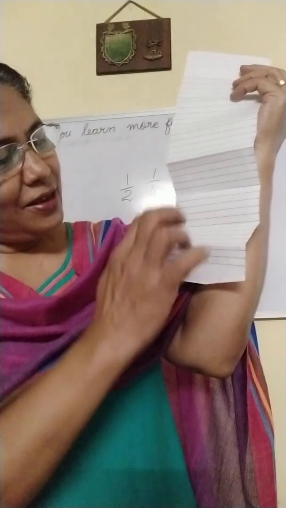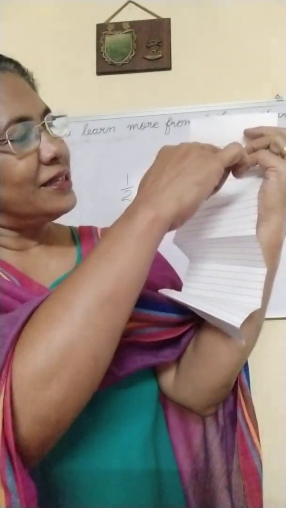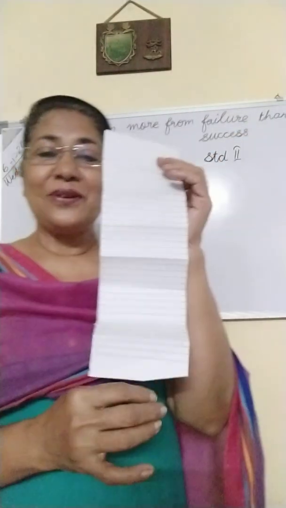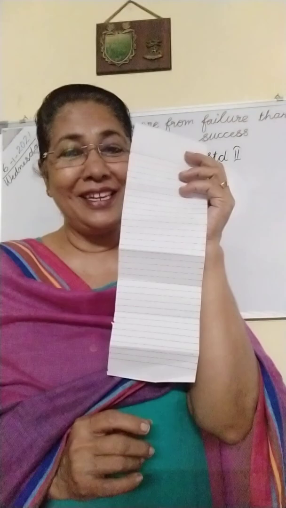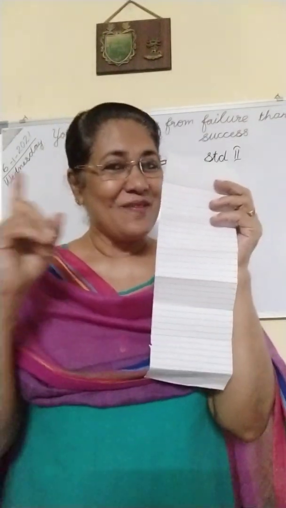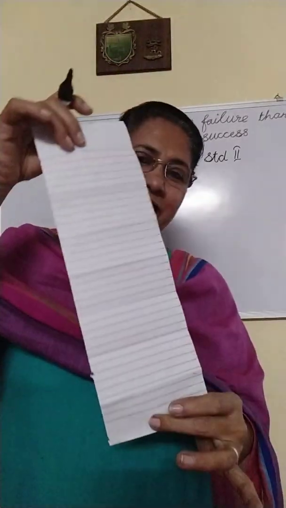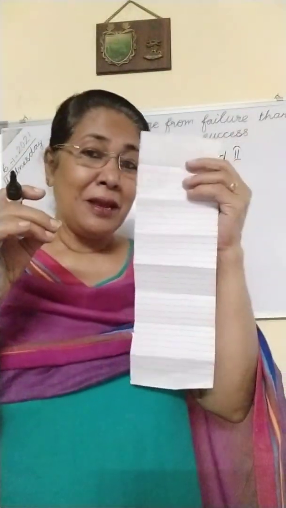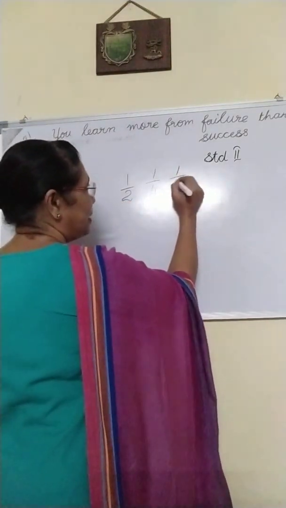There are 1, 2, 3, 4, 5, 6, 7, 8. So how do you write this as a fraction? Can you tell me? Yes, 1 by 8. That means 1 full thing we have made into 8 parts.